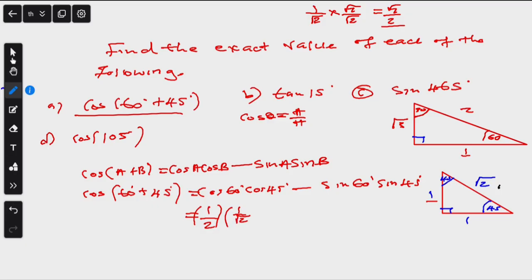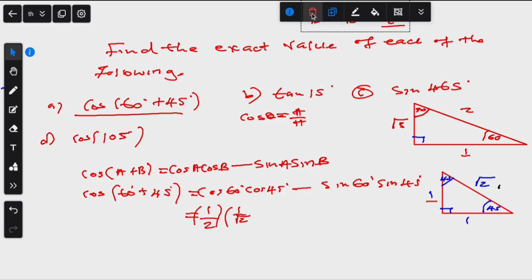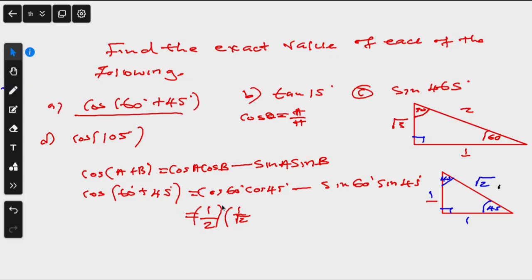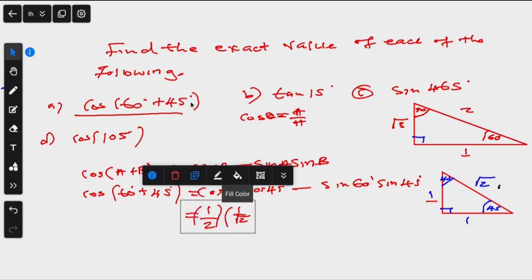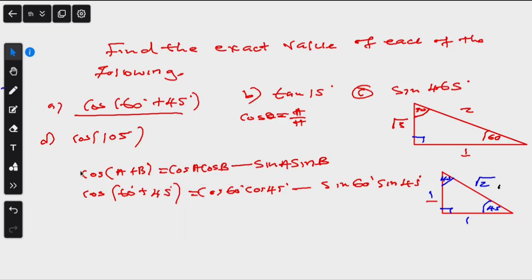So even here, we know that that is 1 over 2. Then here we're going to have root of 2 divided by 2, then minus. What is sine 60?